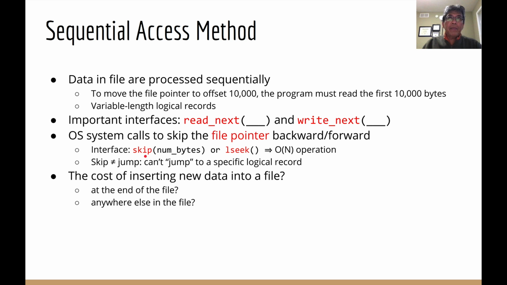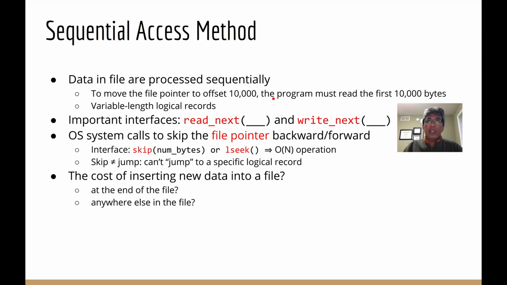The first access method, sequential, is the slowest among the three. Data must be processed sequentially. It is not possible to skip over to byte 10,000, for instance, without reading the first 10,000 bytes of the file.